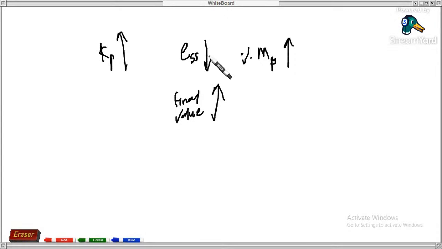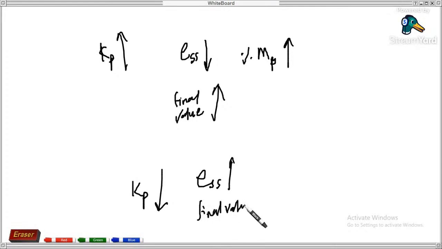It has to increase for the error to reduce. And the reverse: if you decrease the Kp, ESS will increase, I mean the final value reduces, and similarly overshoot will also get reduced.